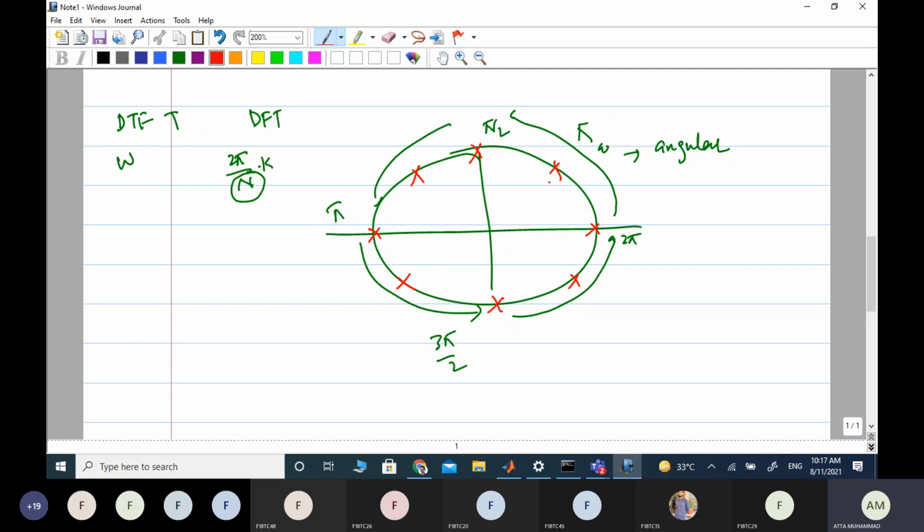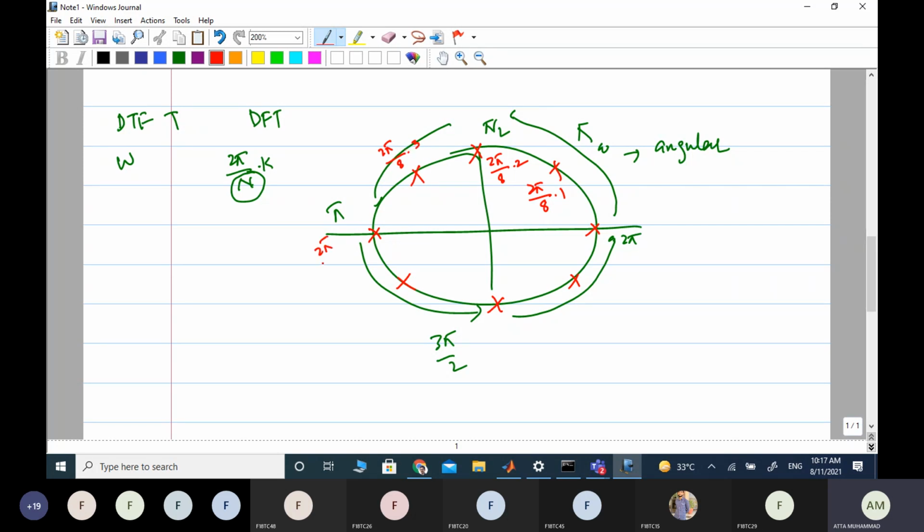So now this point must be 2 pi by 8 times 1, right? If you want to get this point, that must be 2 pi by 8 times 1. And what must be this? 2 pi by 8 times 2. This must be 2 pi by 8 times 3.